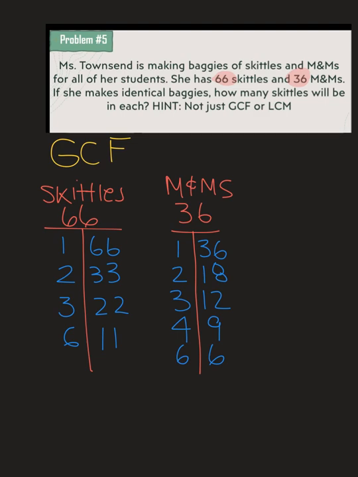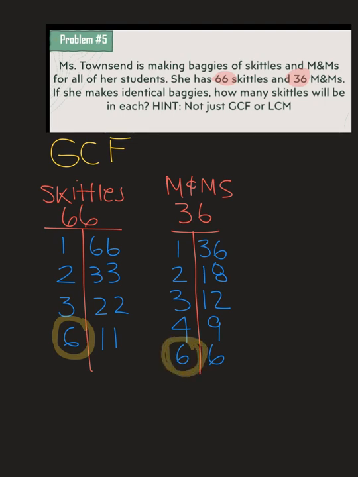So those are all of our factors. Now our job is to find our greatest common factor. What's our common factor between 66 and 36? When we look at this, 6 is our greatest common factor, so I'm going to circle it.